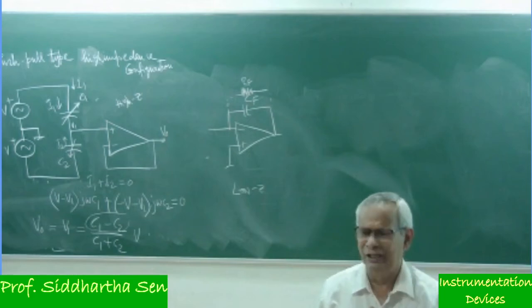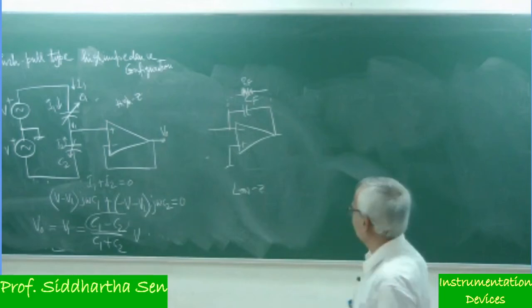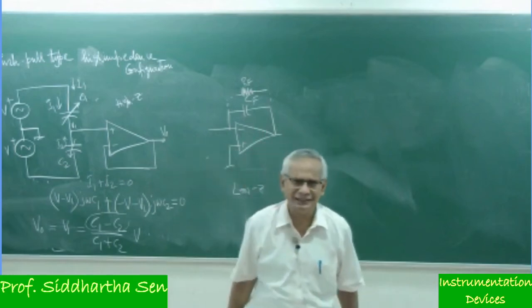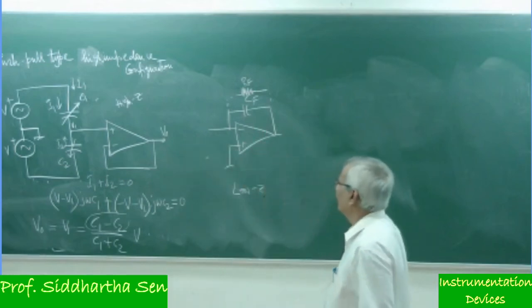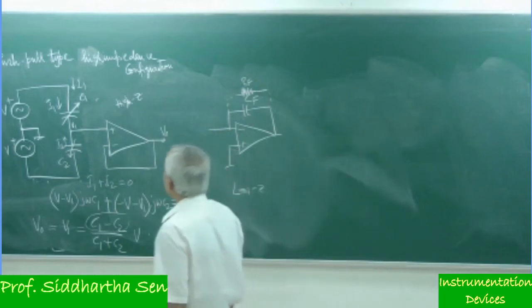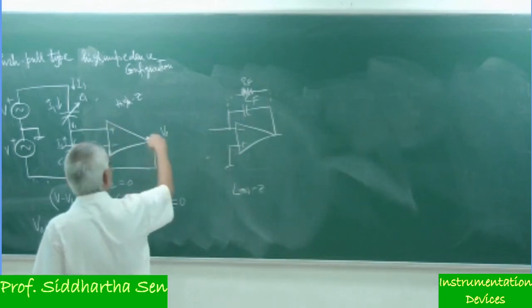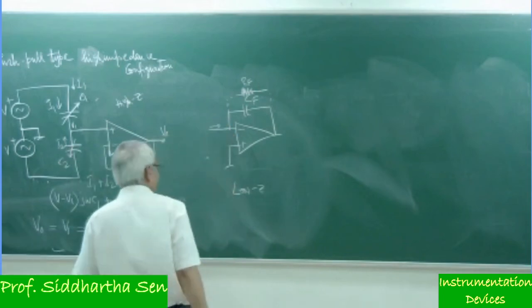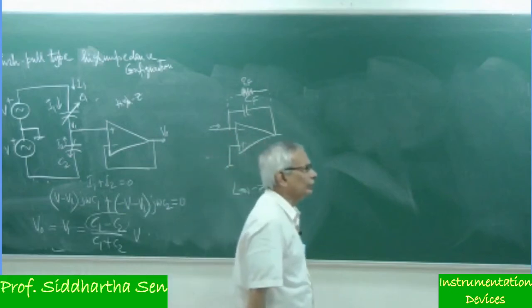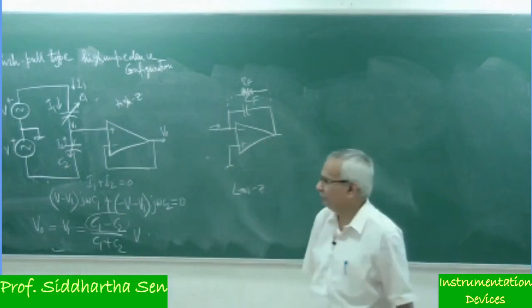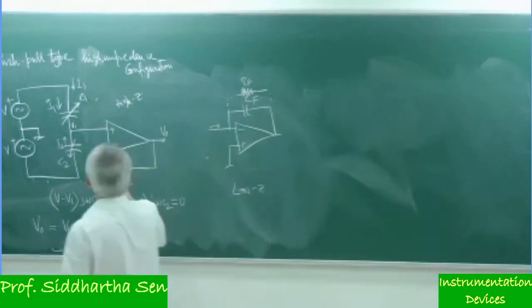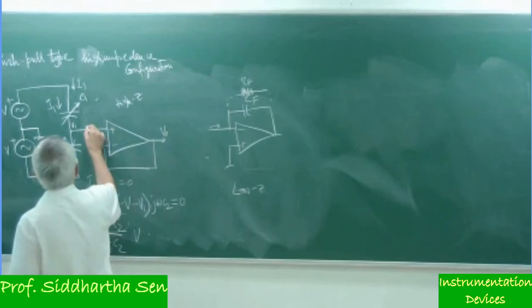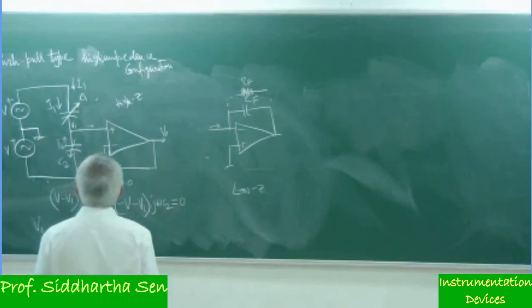And by adjusting the value of CF, we can adjust the gain here. On the other hand, this one is drawing some current, and it may cause the loading effect of the sensor. Whereas in this case, the C1 CF is not required, it is not drawing any current.